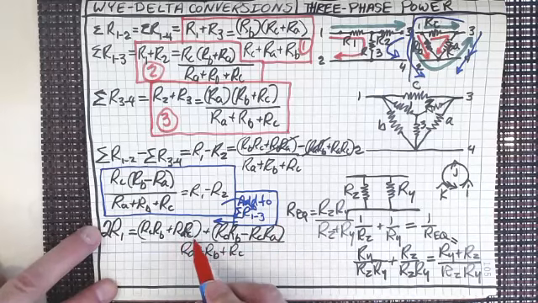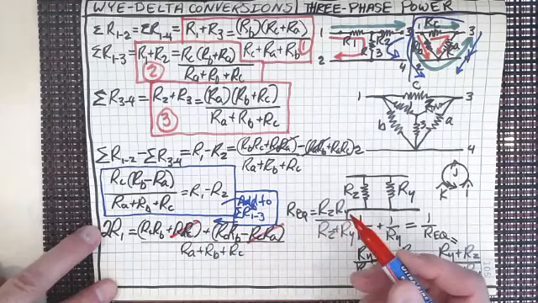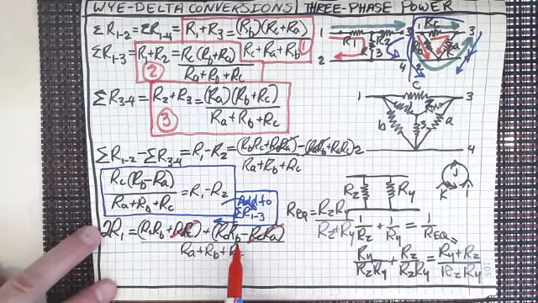Right, so I've got R sub A, R sub C, R sub A, R sub C, pow, pow. And I've got R sub C, R sub B, R sub C, R sub B added together, don't I?